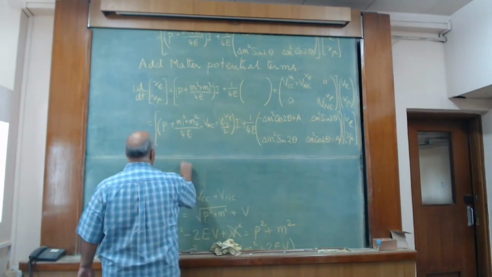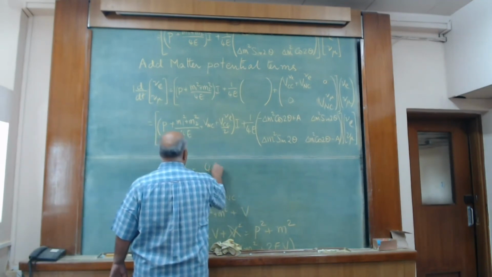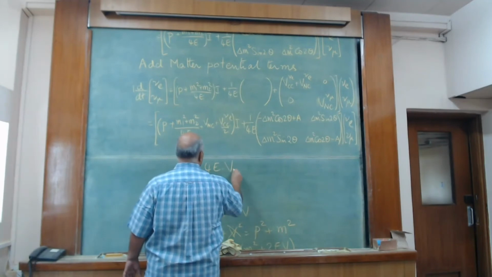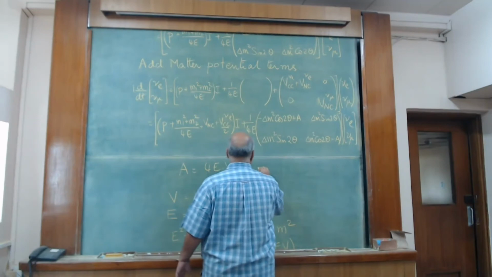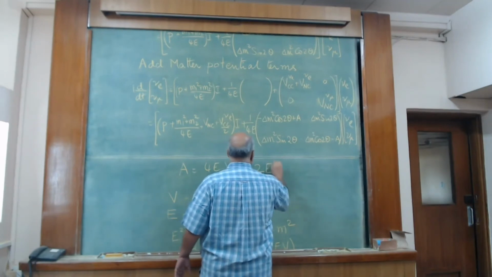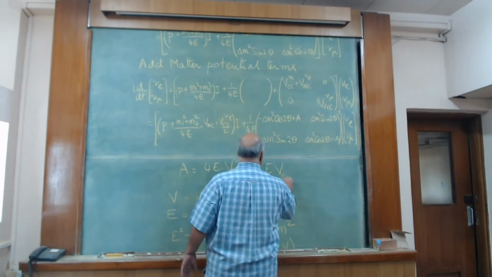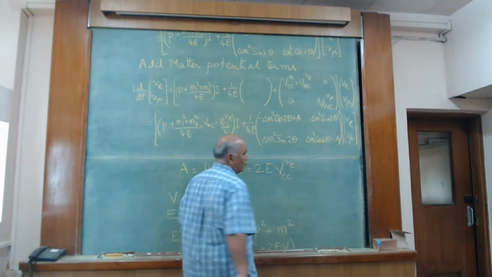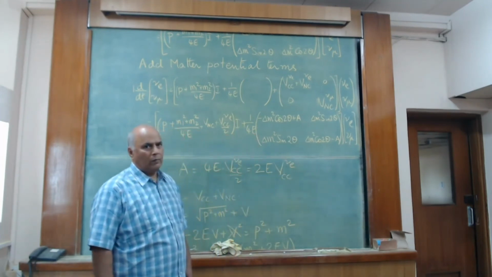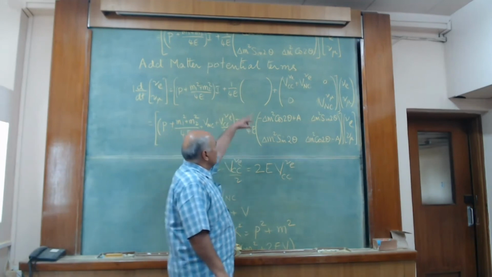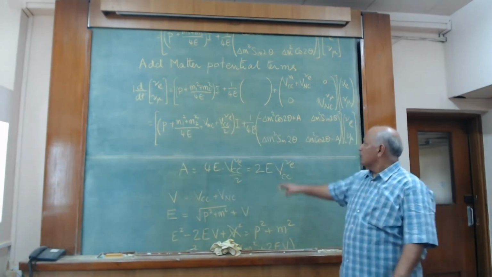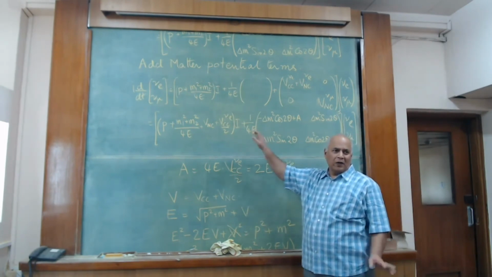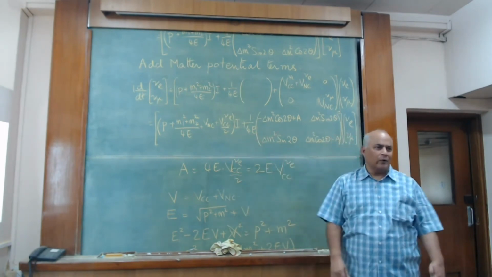There, this A is 4E times VCC by 2, that is 2EV. I said that I am splitting VCC into 2, VCC by 2, but I have pulled out a 1 over 4E, so I have to multiply by 4E.